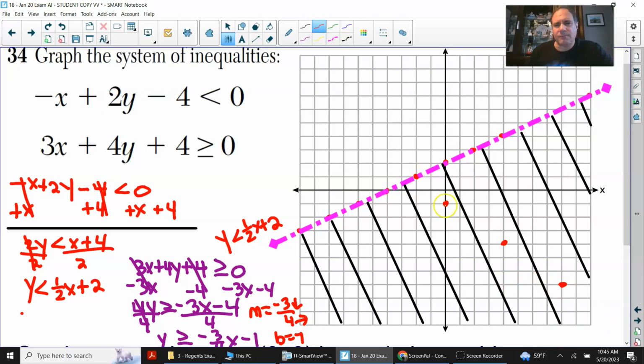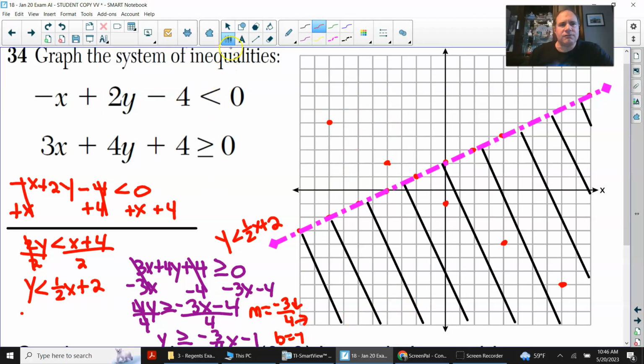I can't fit any more. Then on the other side, I have to have some more points. So I go up 3, 1, 2, 3, and to the left 4, 1, 2, 3, 4. And that will keep, see how the points are in line. And that's about it for that.